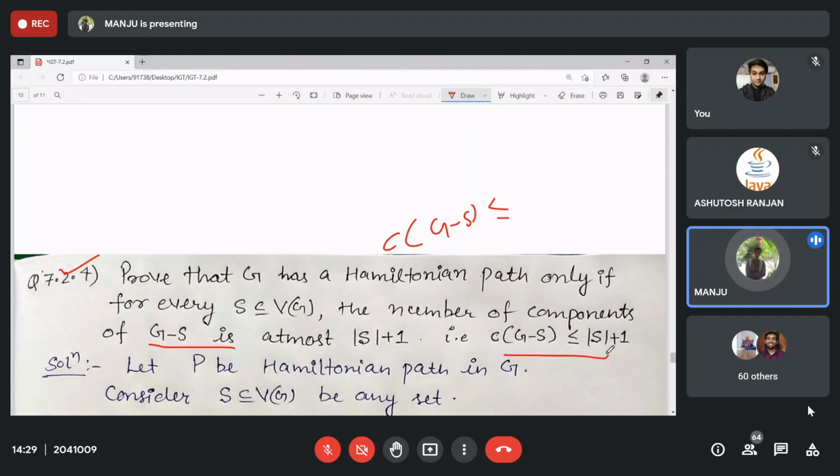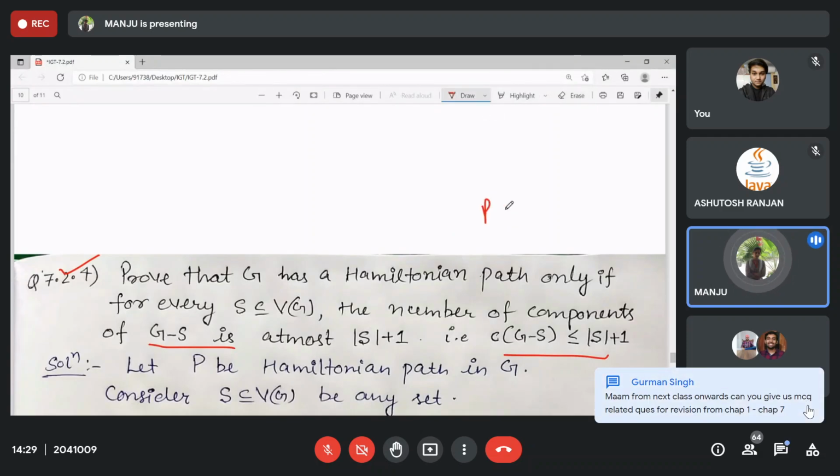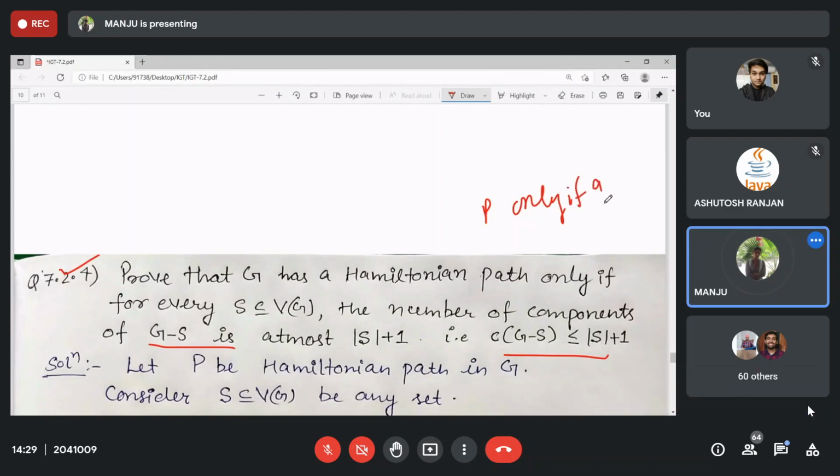Oh, this is written already. Then we need to prove this one, right? Only if P, only if Q. Which type of statement? P implies Q, na? So given is G has a Hamiltonian path, we need to prove this one.